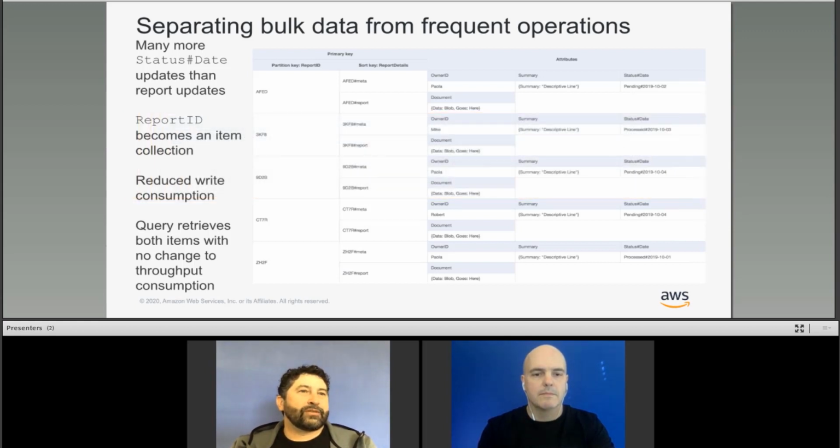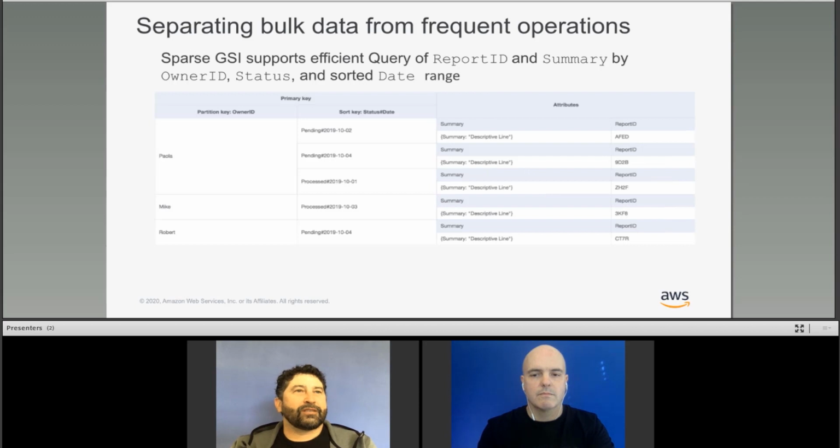Pretty awesome. A much better optimized design, and then we can look at our GSI, which becomes a sparse GSI, because the primary key for that GSI will be owner ID as partition key, and the status date as a sort key, and it still has the summary and the report ID here.